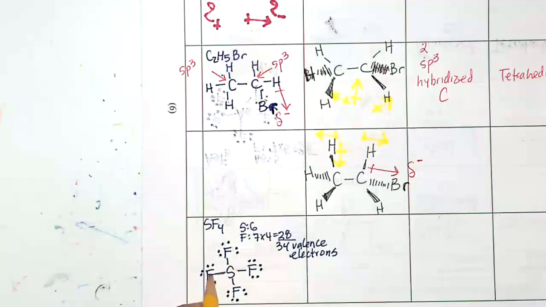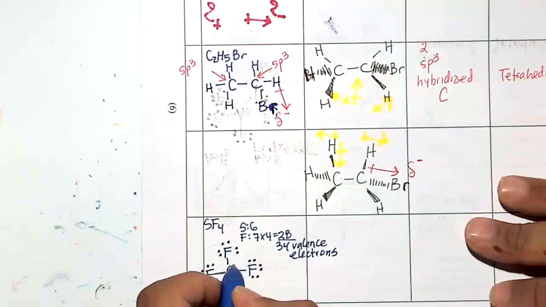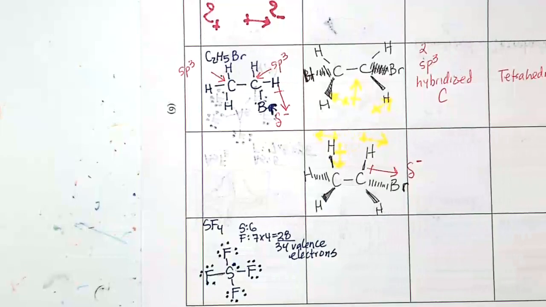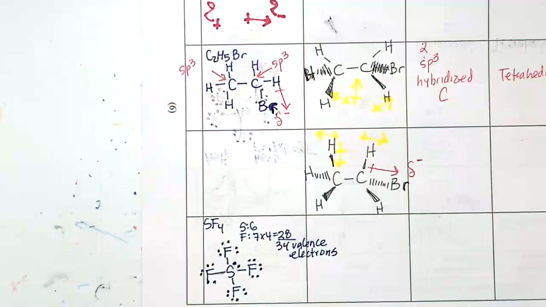Uh-oh. 32. Where will 33 and 34 go? On that central sulfur.